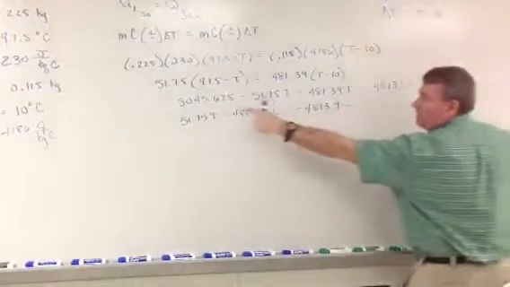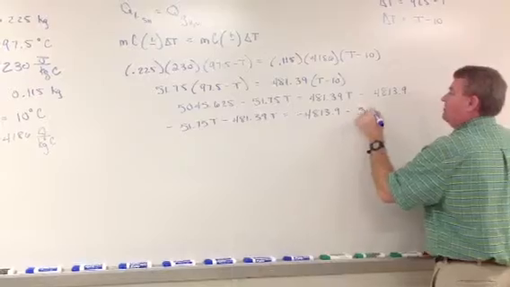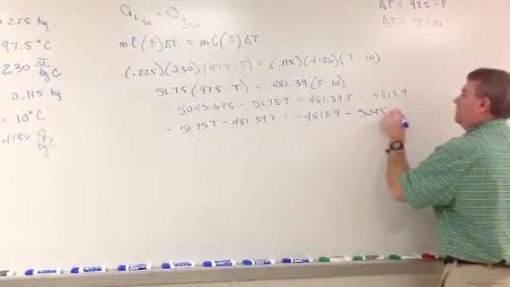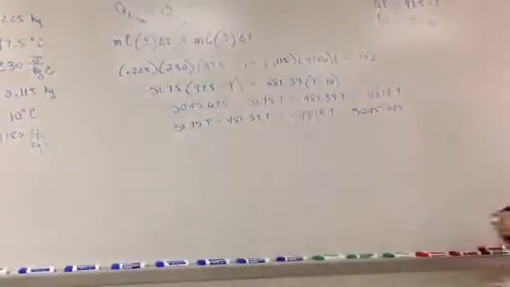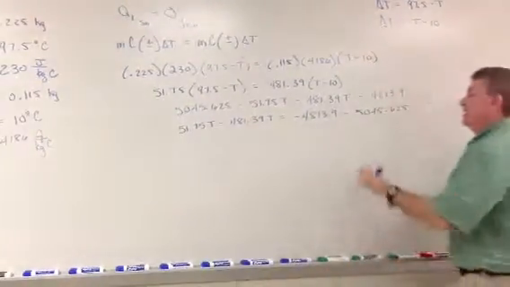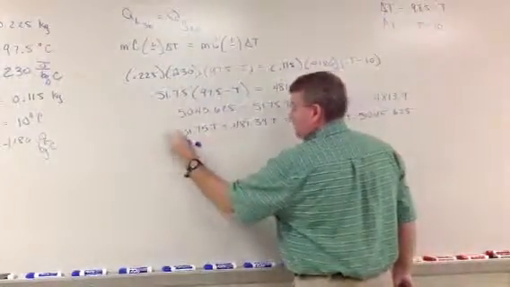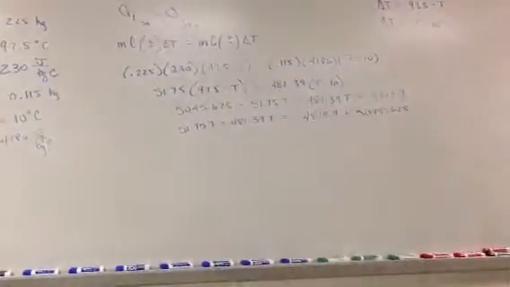And then we're going to move the 5,045 over to the other side, so it becomes negative 5045.625. Okay, now every term has a negative sign in it, so I'm going to divide by negative 1. That means that this is positive, that goes away, that's positive, and that's positive.